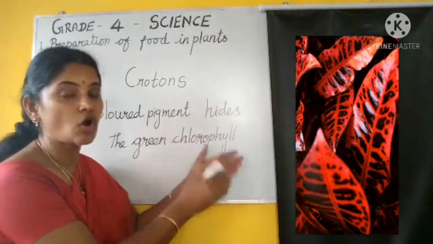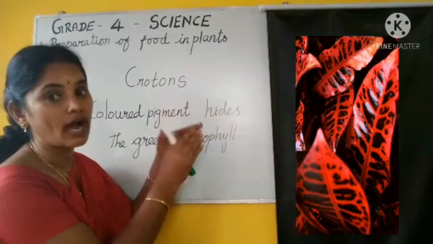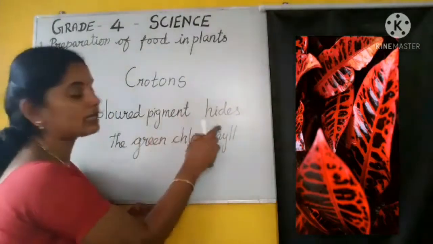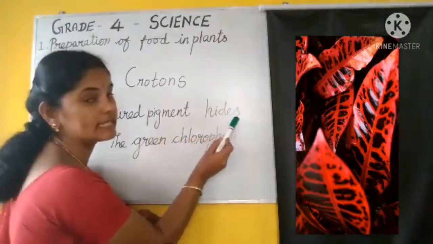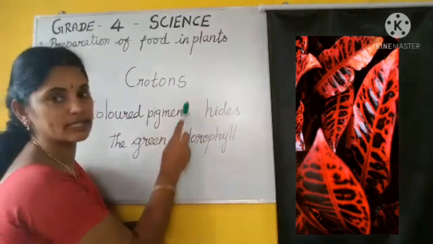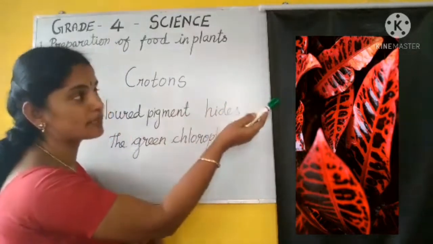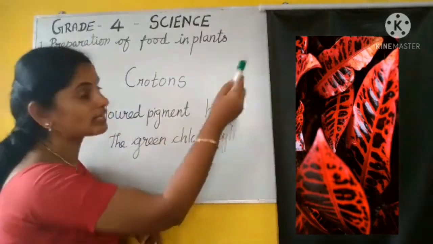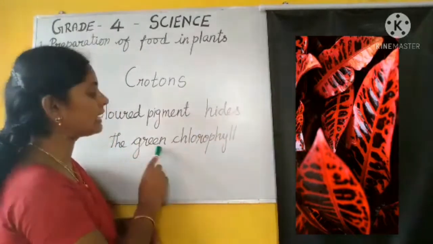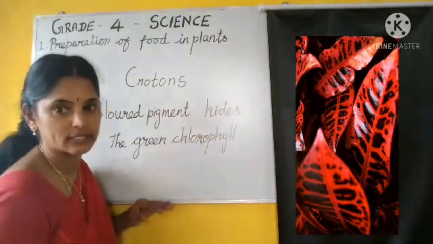Are you clear? So the colored pigment hides it. In this red leaf, the red pigment is more, so it hides the chlorophyll. But under that red pigment, the green chlorophyll is present.